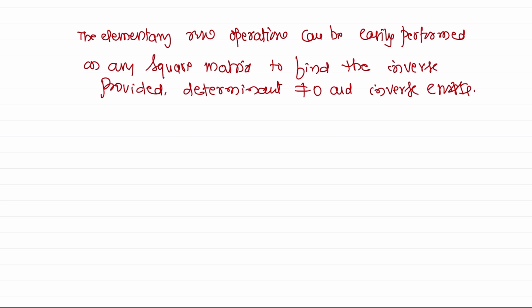Now, for example, while doing the elementary operations, one of the rows becomes totally 0. Then what happens? The determinant becomes 0. Let us think.